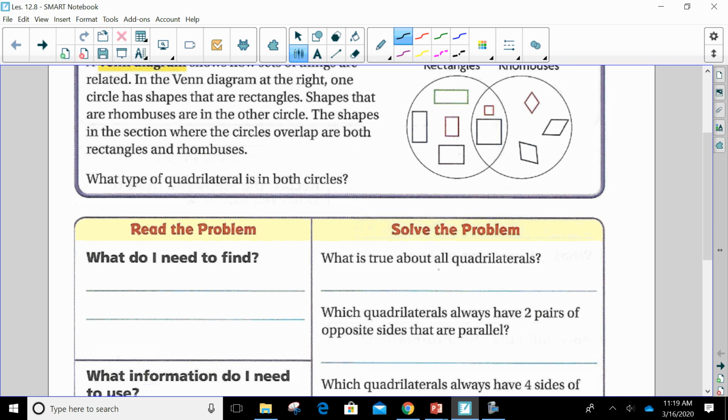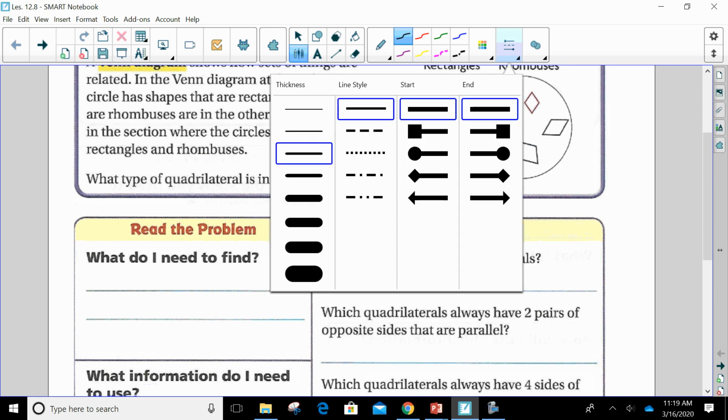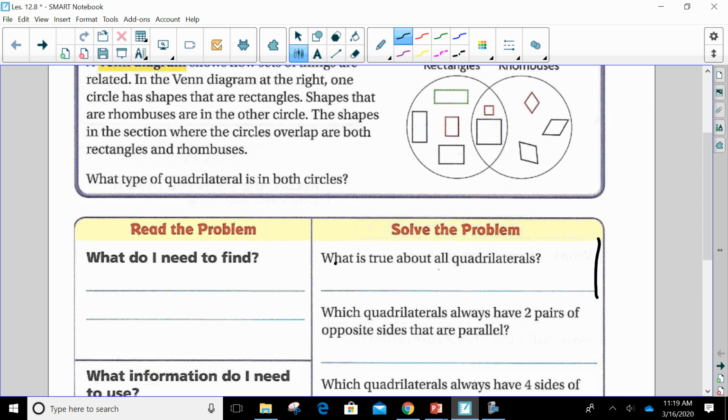Doesn't want to work today, does it? I apologize. There we go. Has 4 sides and 4 angles. Okay. There we go. Thank you.